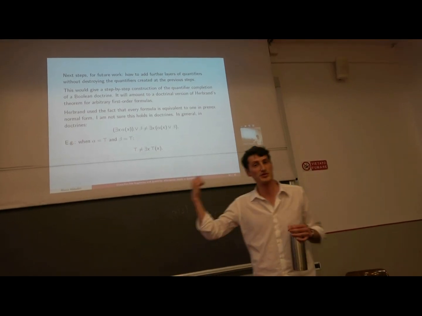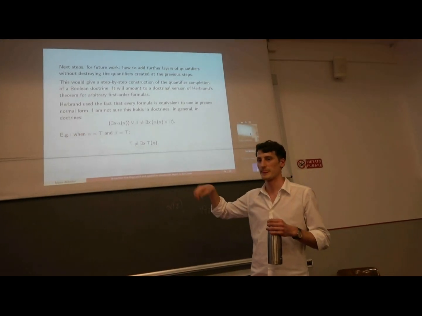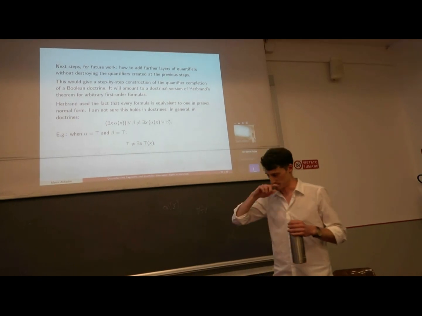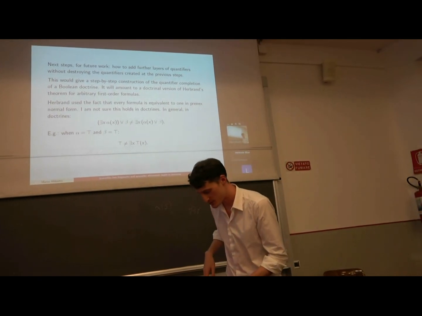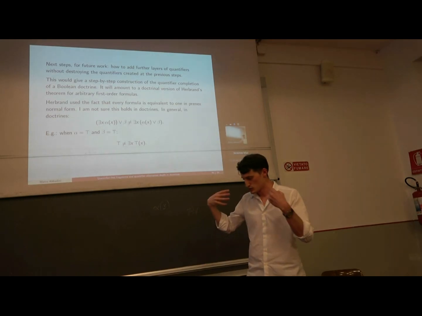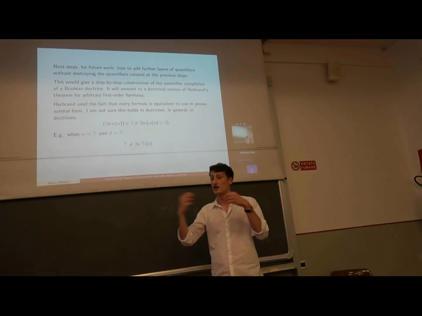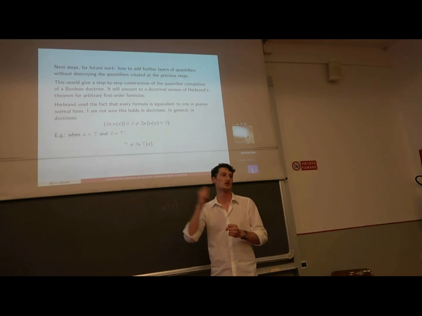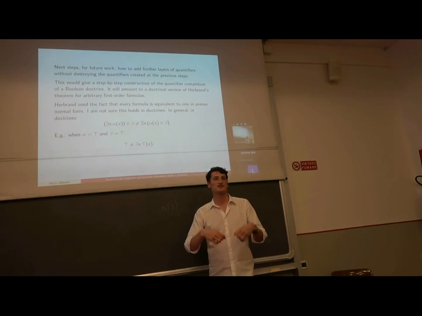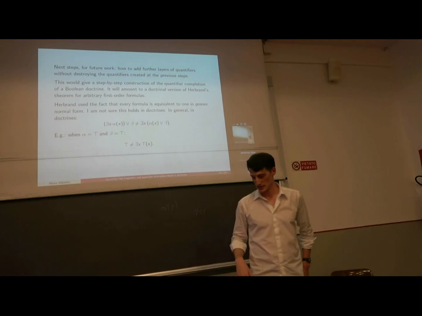Actually, Herbrand's theorem, I presented a simple version, the one which is usually presented, but Herbrand had a way to reduce the provability of any first-order formula to the existence of certain terms such that something holds at the propositional level.